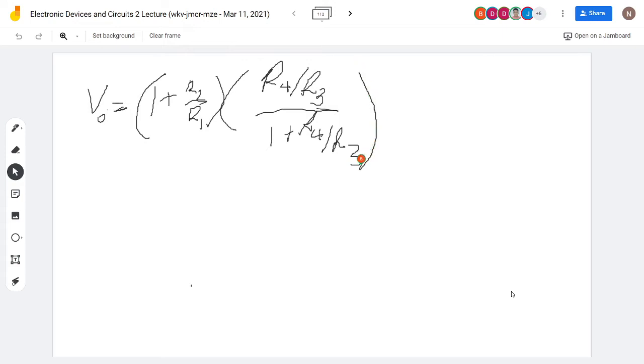And this is going to be multiplied by V2, the same equation I asked you to prove, minus R2 by R1 times V1. That was the expression.